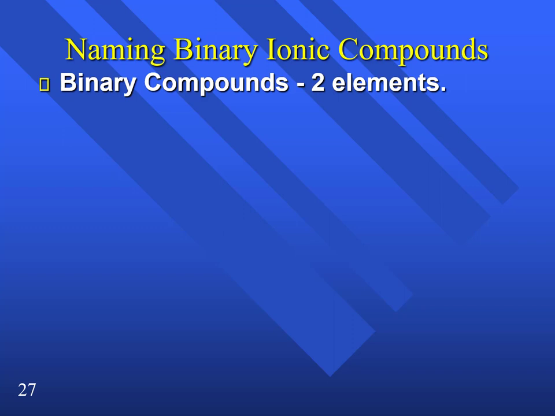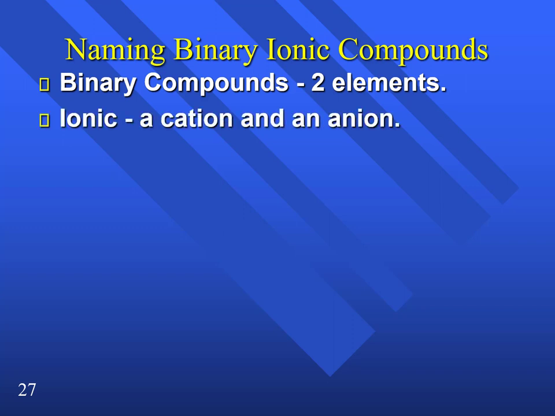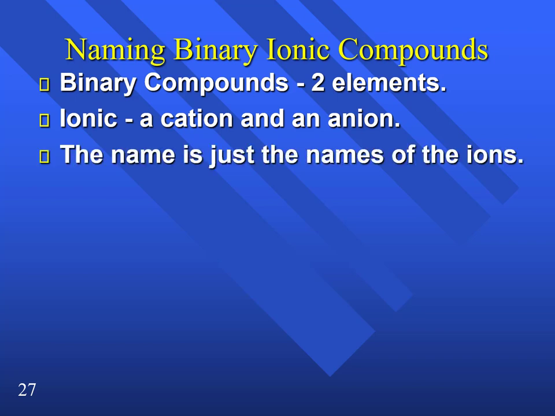Okay, ionic. Ionic means it's made up of ions, a cation and anion. And one of the things I hoped you noticed on the back of that homework was that to write the name at the end, all you had to do was copy the names from the beginning.